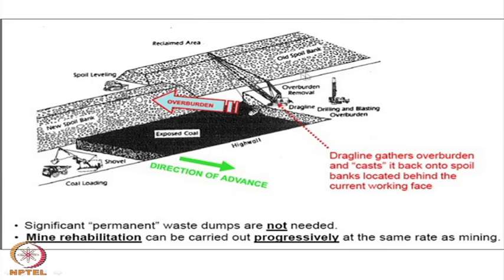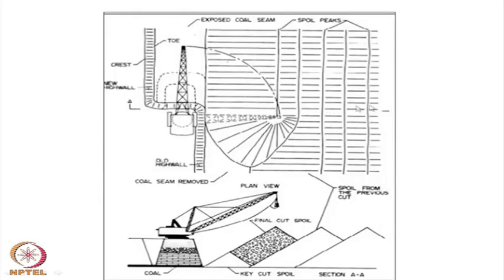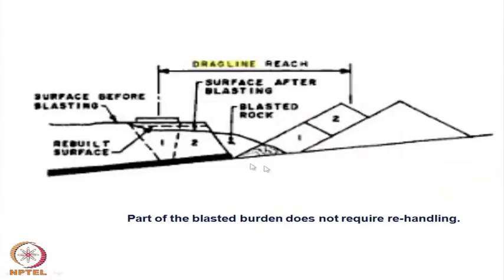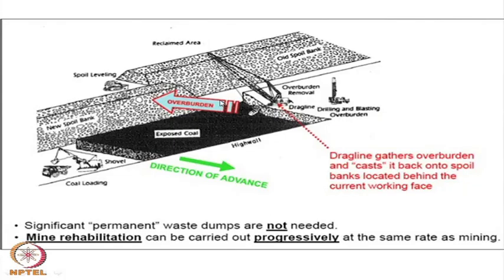Now, when this block will be cut, this overburden spoil dump will go on increasing over here. You can see a dozer is being used here. This dozer is leveling this, so that, as you have seen, these things can be leveled and we can have a flatter surface of the overburden.